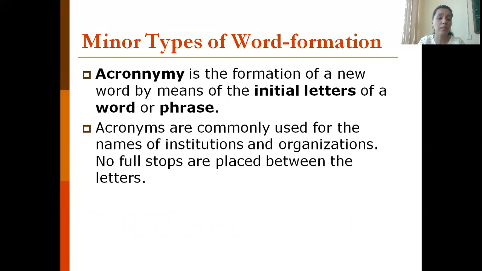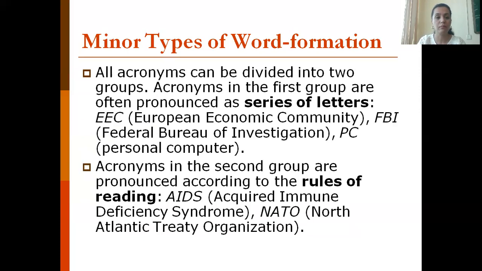Acronym. An acronym is the formation of a new word by means of the initial letters of a word or phrase. Acronyms are commonly used for the names of institutions and organizations. No full stops are placed between the letters. All acronyms can be divided into two groups.